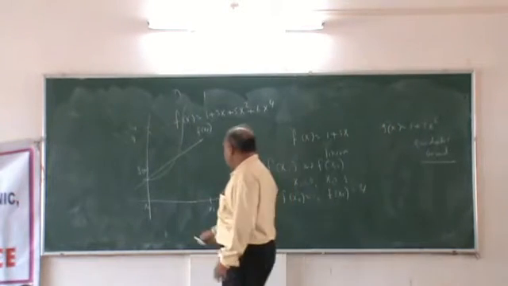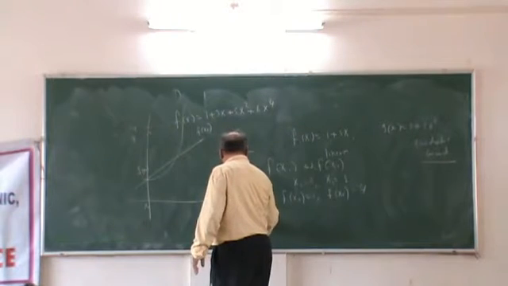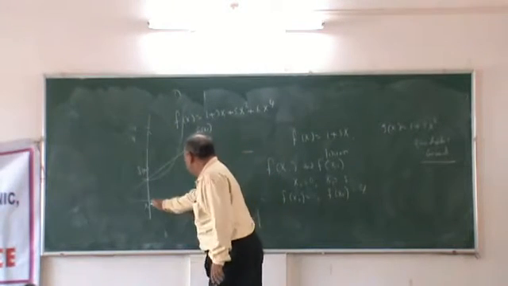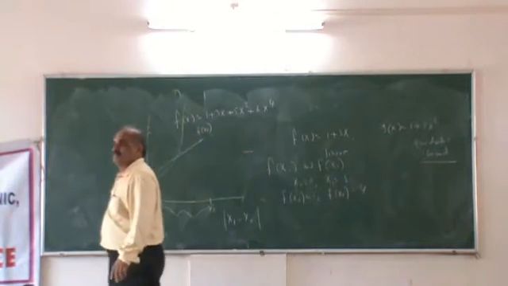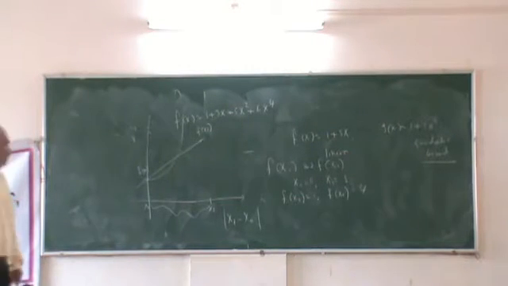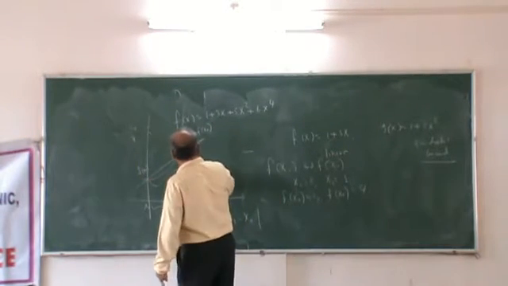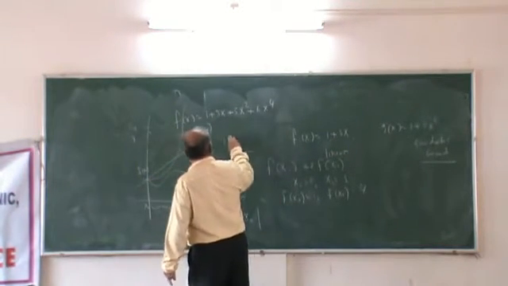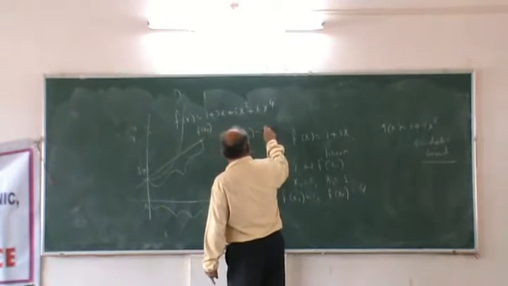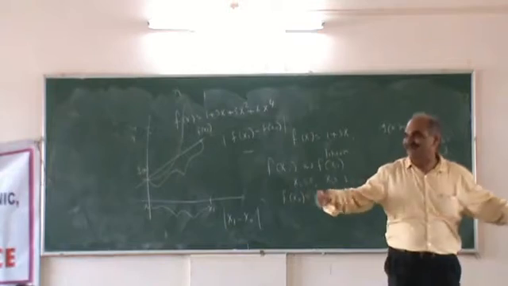As I traverse from x0 to x1, the segment whose length is mod x1 minus x0 is connected. The corresponding chunk, mod f of x1 minus f of x0, that's also connected.